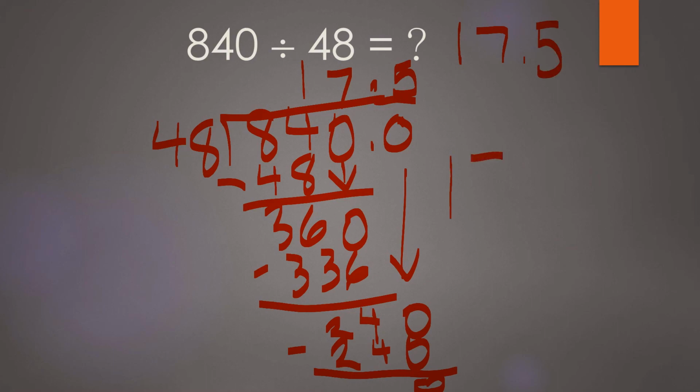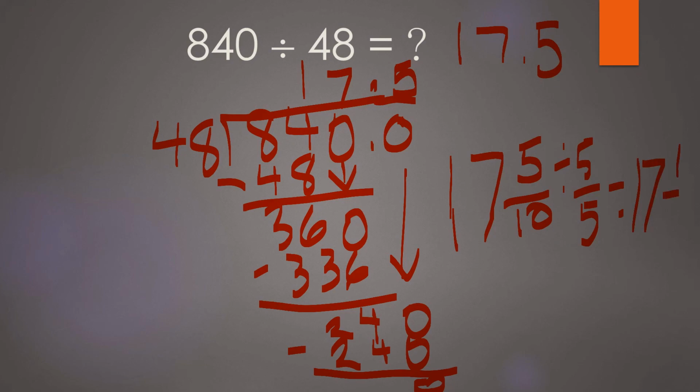If we wrote 17 5/10 as a fraction, and to simplify that, we divide by 5/5, which equals 1 whole, giving us 17 1/2. So 17 5/10 equals 17 1/2.